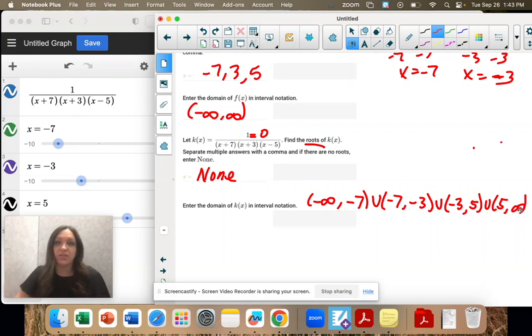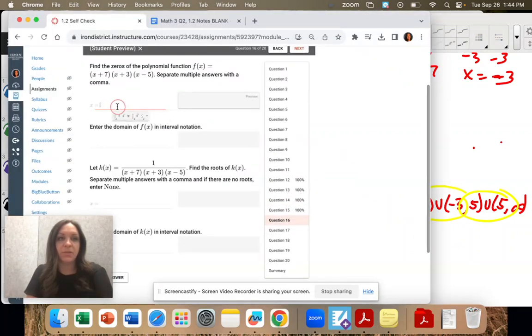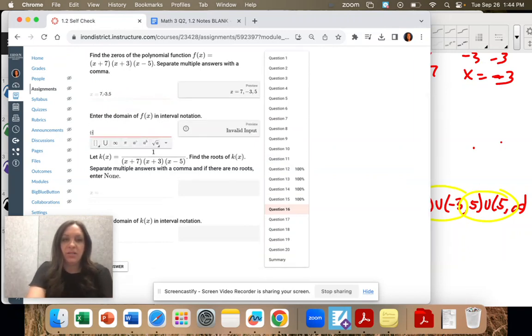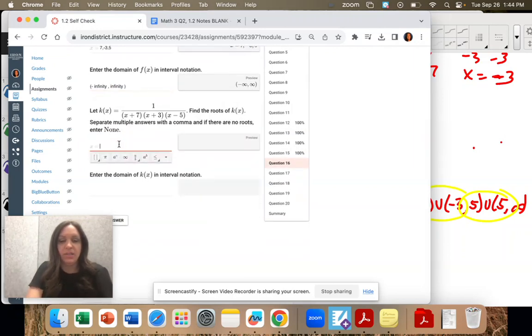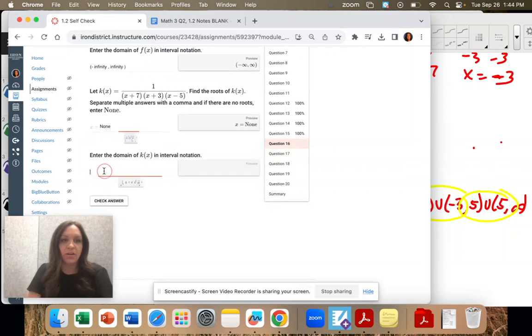So our breaks are happening at our asymptotes. So -7, -3, +5, -infinity, +infinity. And then there's no roots, there's no x-intercepts because it's 1 on the top.